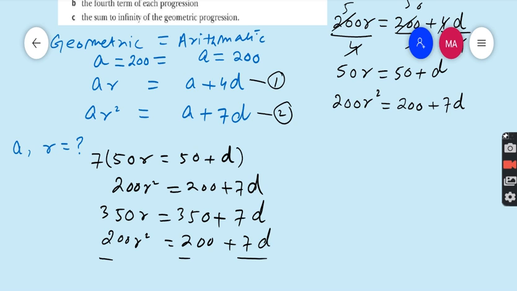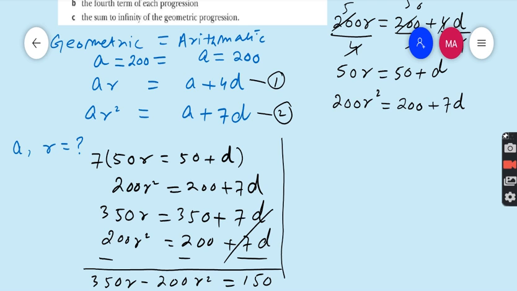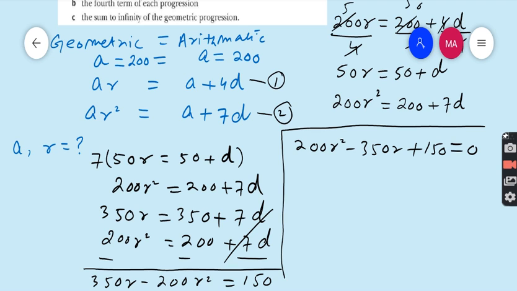Subtract: 350 r minus 200 r square is equal to 350 minus 200, which is 150, and these two variables are cancelled. So our equation reduces to 200 r square minus 350 r plus 150 is equal to 0.